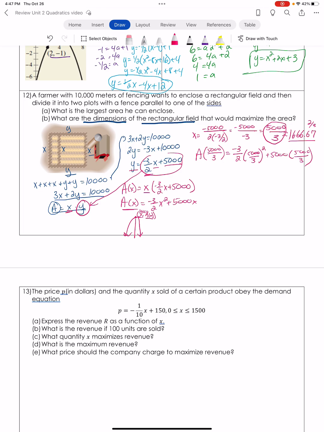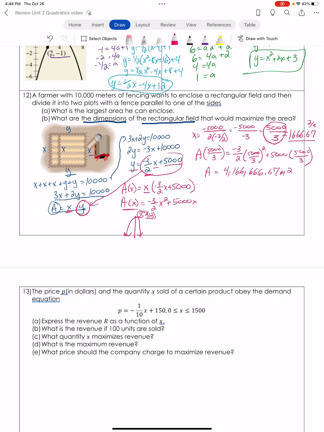So when I multiply all of that out, I end up with the area being equal to 4,166,666.67, blah, blah, blah. And my unit of measure is meters squared, because when I multiply meters and meters, I end up with meters squared.